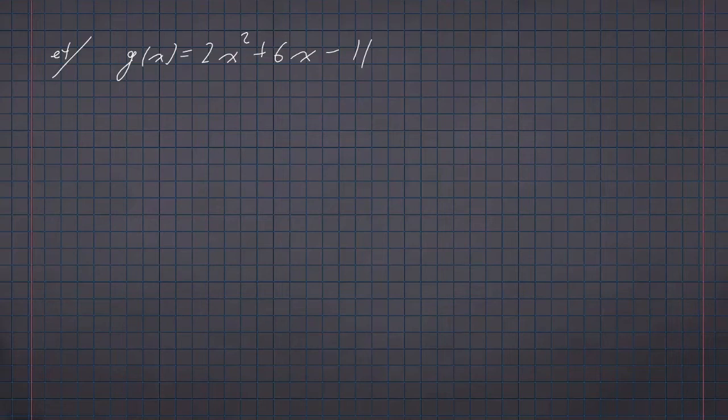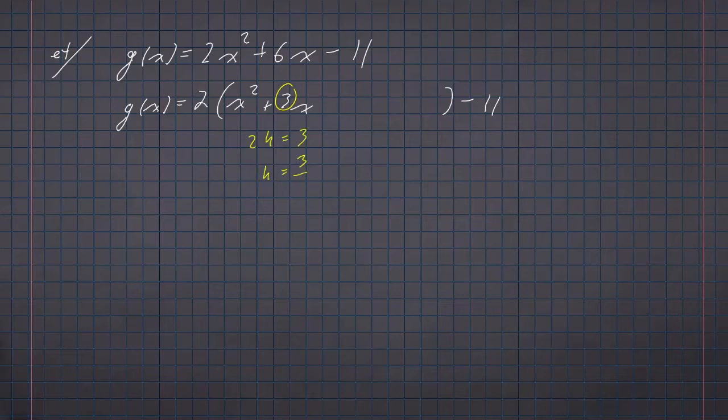There are several different ways you can write the process out. They are mathematically equivalent. My personal preference is to immediately factor out that 2, leaving behind x squared plus 3x. And I'll leave plenty of space before I close the parentheses and subtract 11. Now looking just inside the parentheses, we have that our 2h is 3, which means that h is 3 halves.